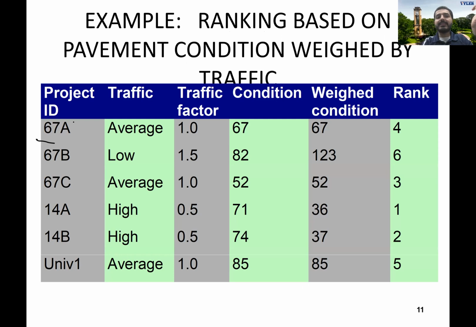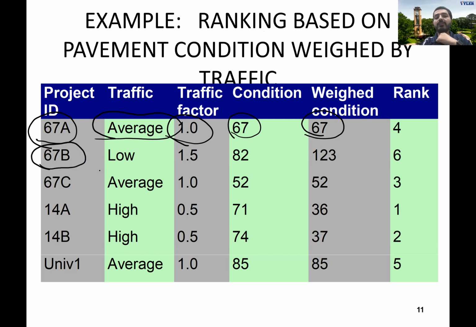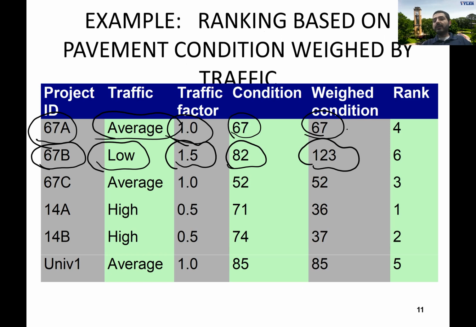So for example, 67A was average traffic, meaning the traffic factor is 1, and 1 times the PCI gives me a weighted condition of 67. Versus, for example, 67B, where the traffic was low, and therefore it's 1.5 times 82, which is 123. And now we look into the ones that have the lowest weighted PCI.